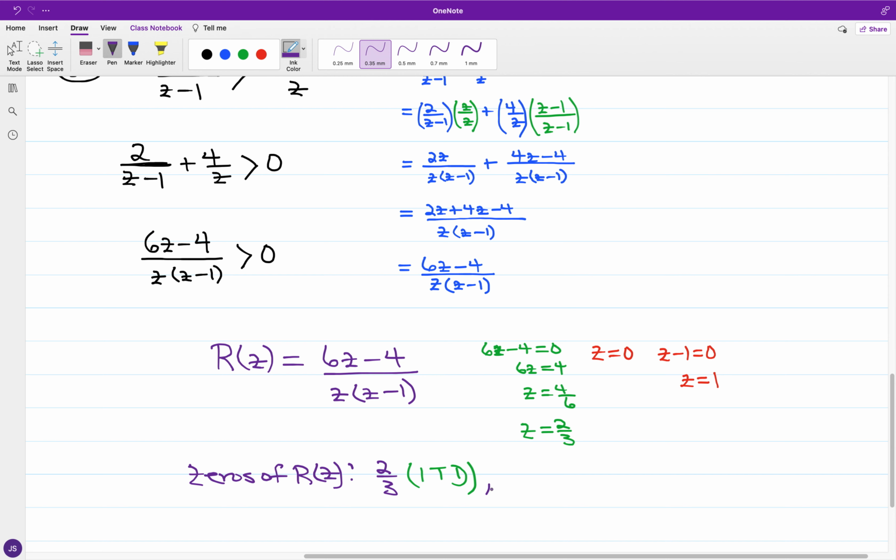As for the others, we have a 0 as well as 1. These create 0 denominator values. So 0 is not in the domain, and you have that 1 is also not in the domain.